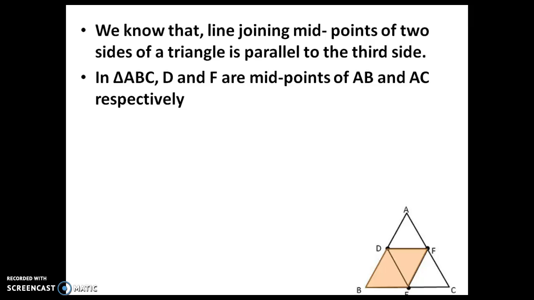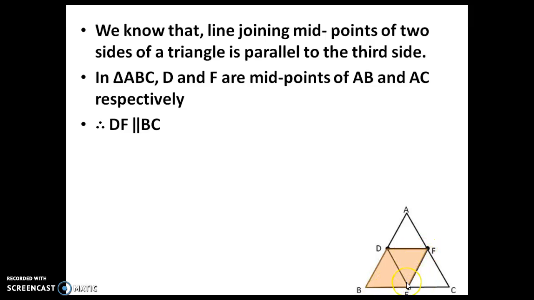In triangle ABC, D and F are midpoints of AB and AC respectively. So DF is parallel to BC. The same way I showed for this side: D is here, F is here, you join these two points, so it will be parallel to the third side BC.